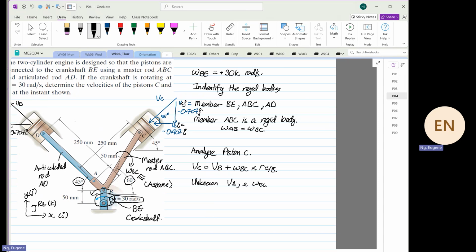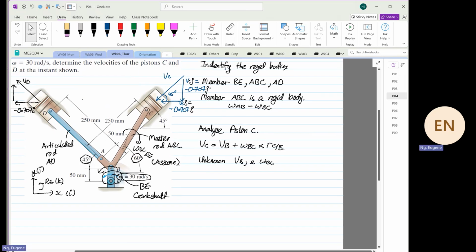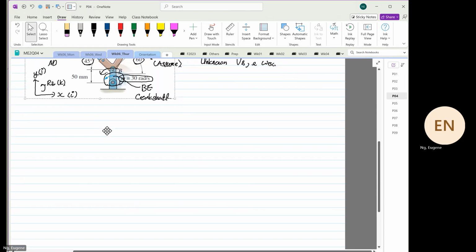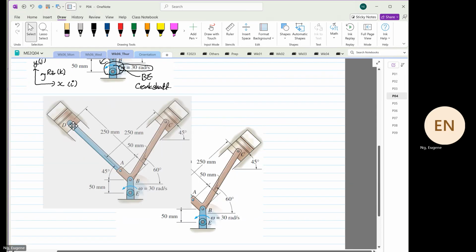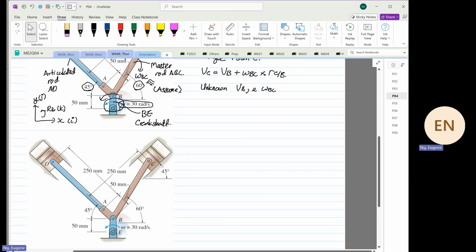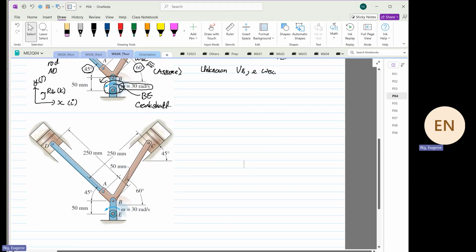So let's try to find out what is our VB. For this case, VB is only going in how many directions?